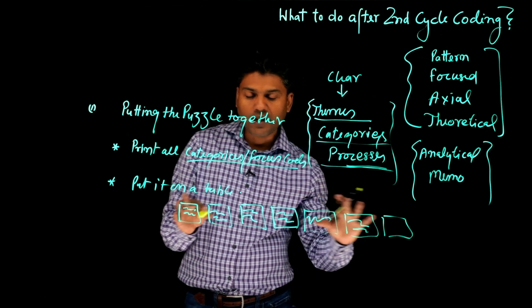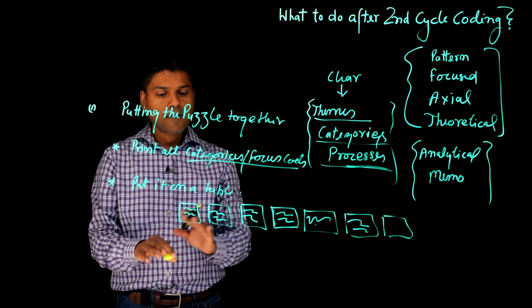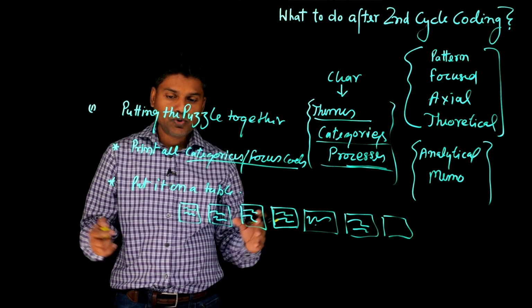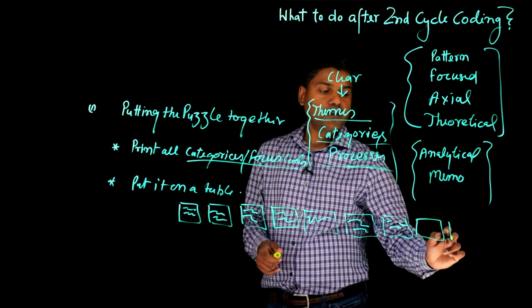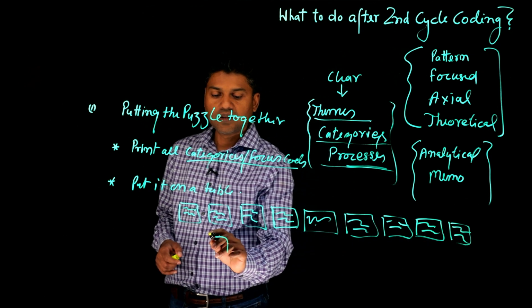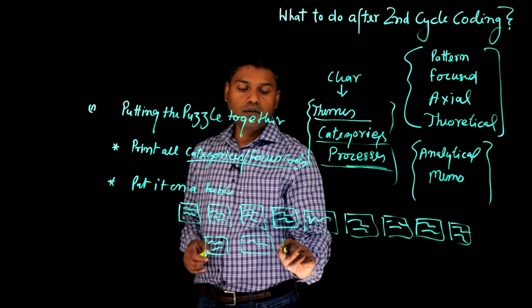I don't organize it in a numbered form 1 2 3 4. No, I just print all my categories, codes on a piece of paper, and I spread them on my table. No order, just put all the codes together.